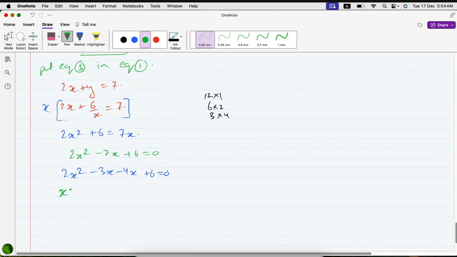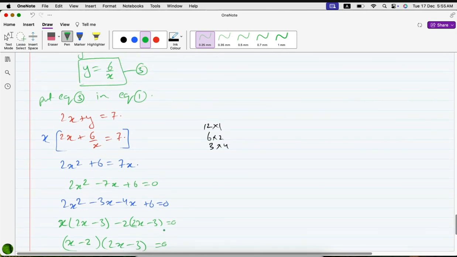We take out common, x is common, 2x minus 3, minus 2 is common, x, 2x minus 3. x minus 2 into 2x minus 3, x is equal to 2, and x is equal to 3 by 2.